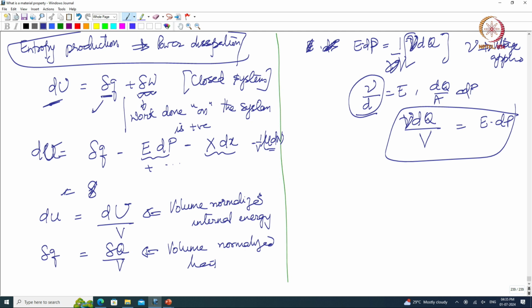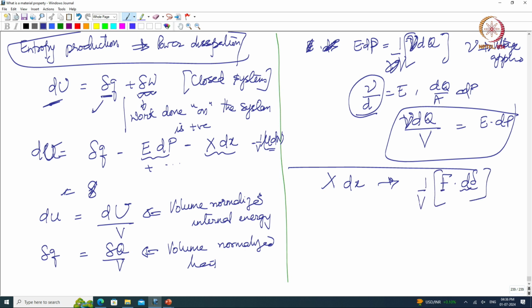So when I do these calculations, if I do X d small x, then I am looking at the force times displacement. We used d delta to represent displacement, and that is also volume normalized.